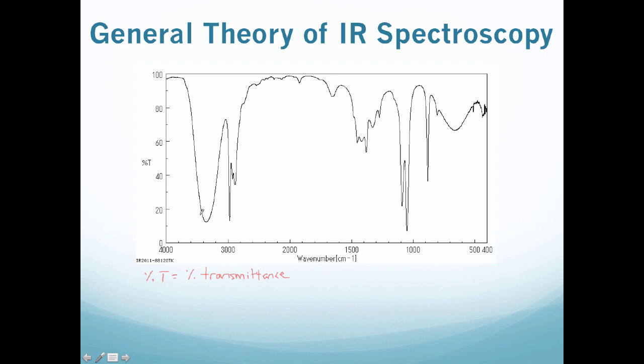So we see this large signal here that only has about 10% T. That means only about 10% of the light got transmitted, but 90% got absorbed. So that's why this corresponds to a particular vibrational mode, because this is where energy was absorbed, resulting in very little energy transmitting through.